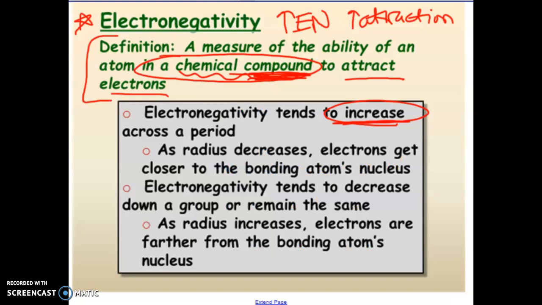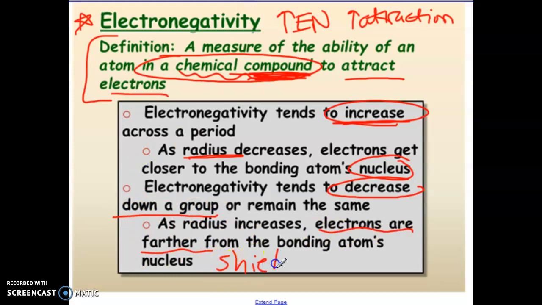Once you understand how the radius impacts all of these trends, it's essentially repetitive here. So as the radius decreases in an atom, the electrons are closer to the nucleus, so they're attracted to the nucleus more, which is why the attraction level goes up. The electronegativity will decrease going down a group or stay the same, but in general they tend to decrease, and that's because the electrons are further from the nucleus because of the increase in shielding that is occurring.